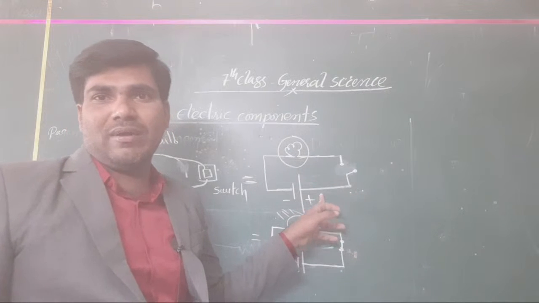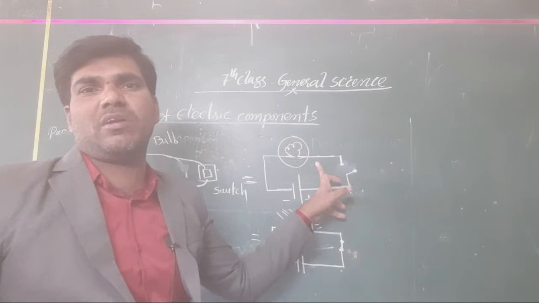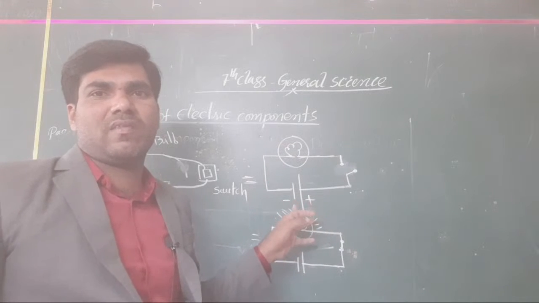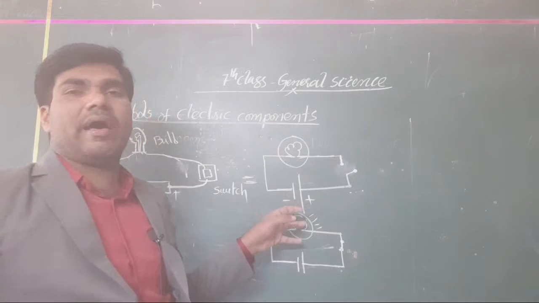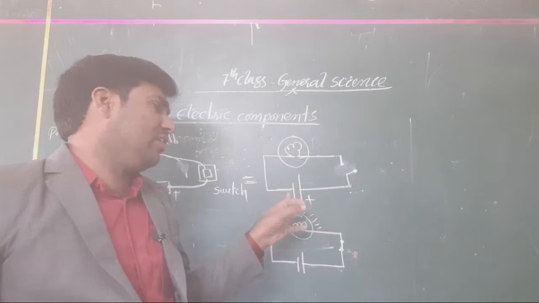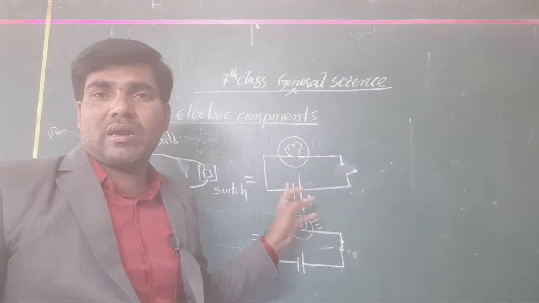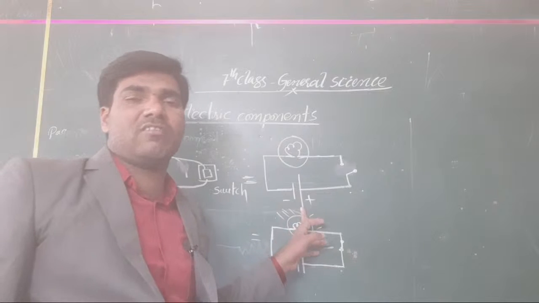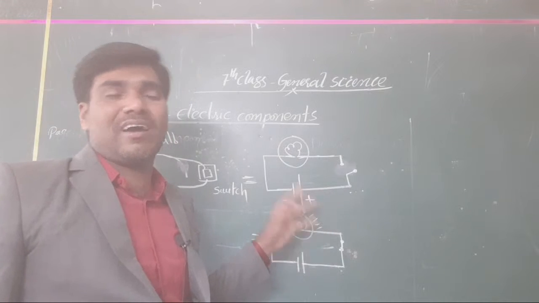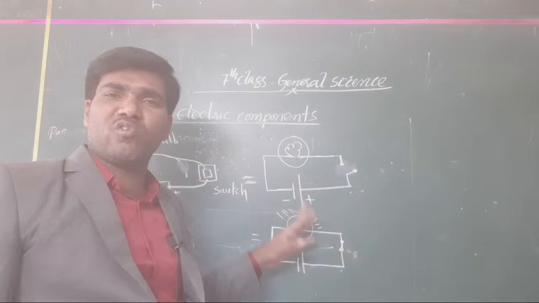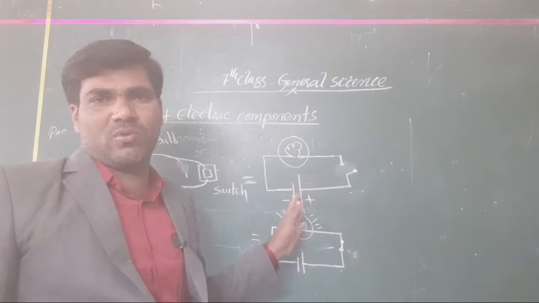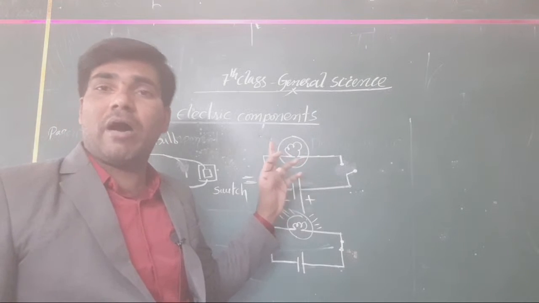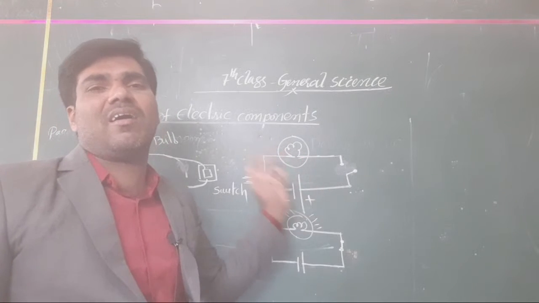Connectors are whatever things are between a source and a consumer, like copper wires or aluminium wires, electrical conductors, resistances, rheostats. These are all connectors. And the next one is consumers. The bulb, fan, TV are all consumers.